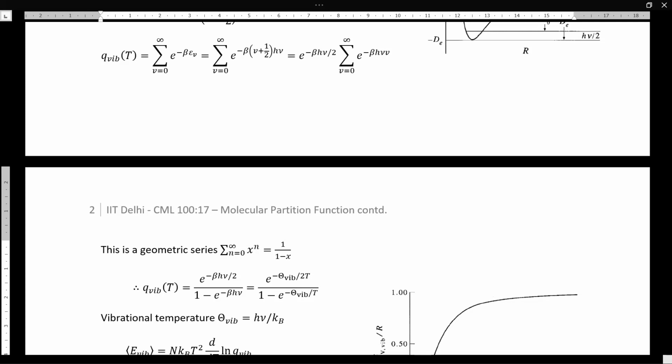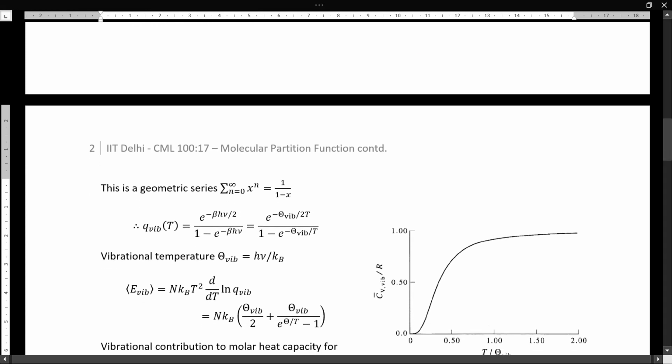So I could call that h nu by k a theta vibration, a vibrational temperature. Well, what it essentially means is that this energy level corresponds to such a temperature. So if I were to multiply that temperature by k, I would get the energy level. So the vibrational temperature theta is h nu by k.